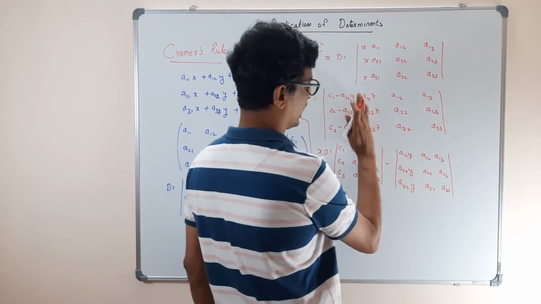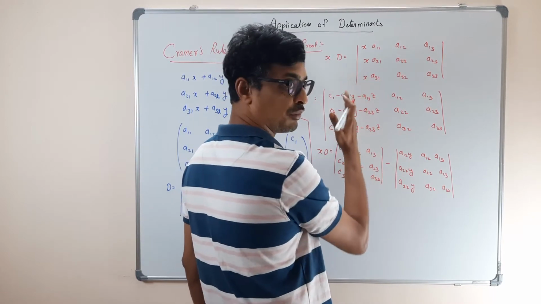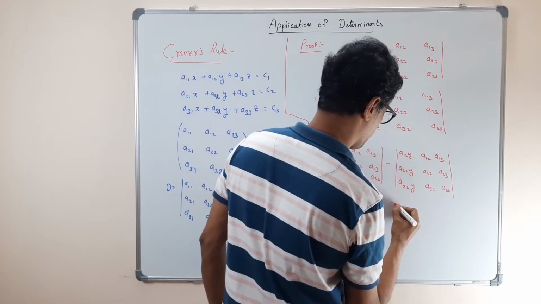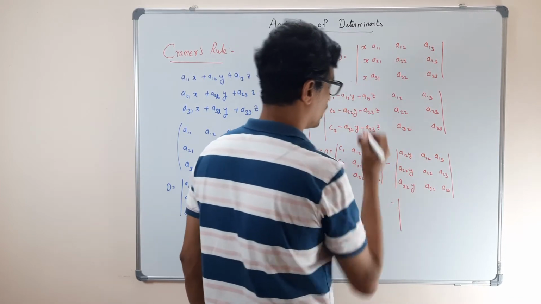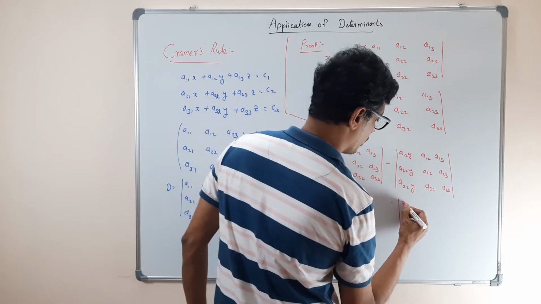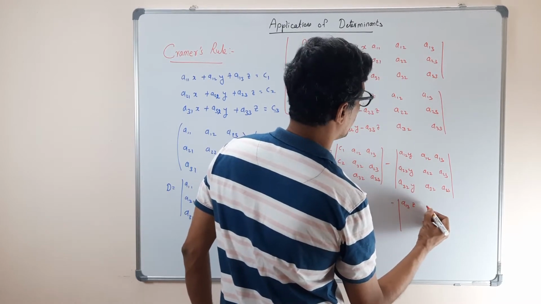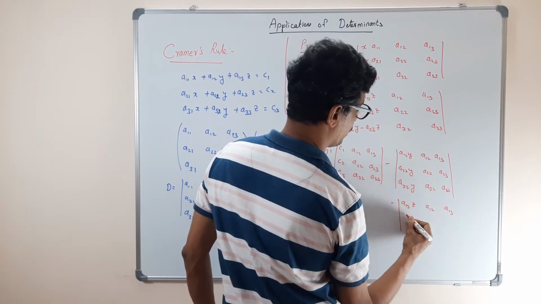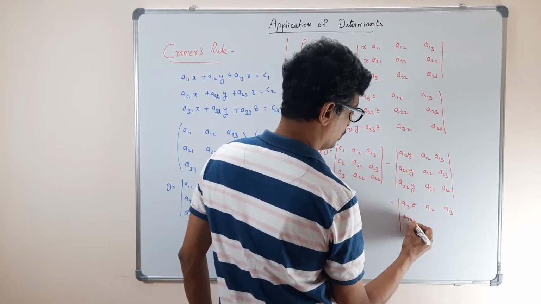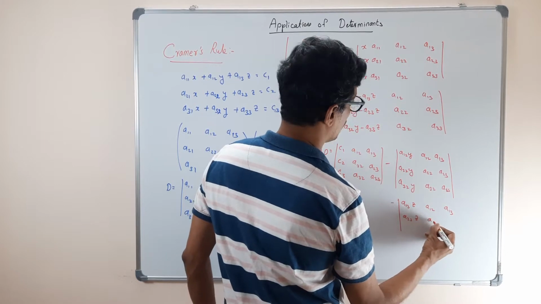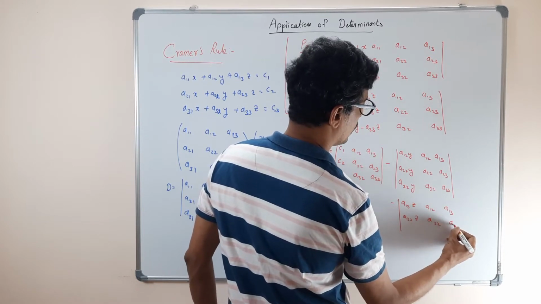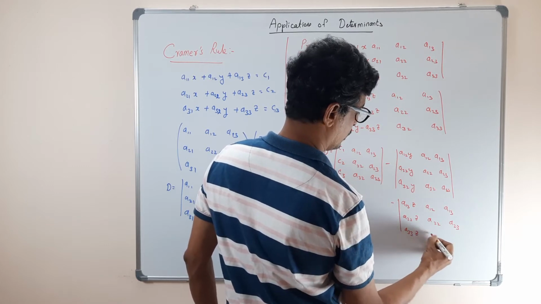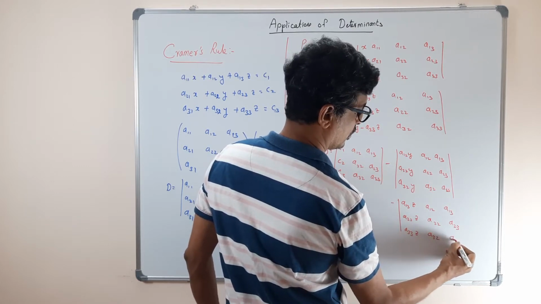One more term is there, the second term, right? So this is what we took for this term. Now this term is also there. So this again is a minus. So we have one more minus term, and then we will write it: a13z, a12, a13, a23z, a22, a23, a33z, a32, a33.